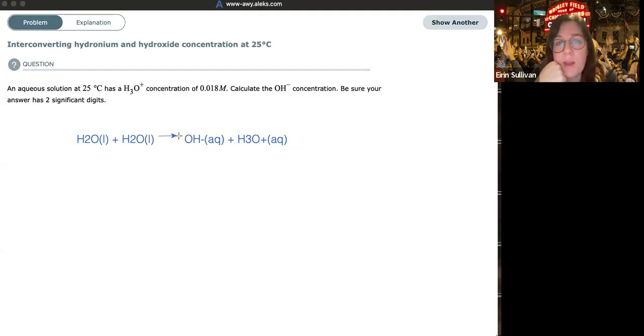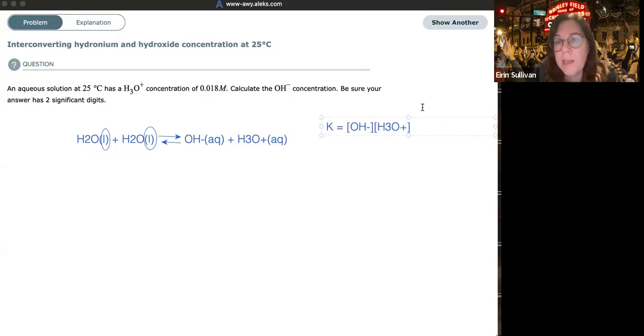And if we're going to write an equilibrium constant expression for that, well, we can do that. But remember the rules of heterogeneous equilibria, okay? Water is in the liquid state, so won't appear in the equilibrium constant expression. So K equals the concentration of hydroxide times the concentration of hydronium will equal a number.